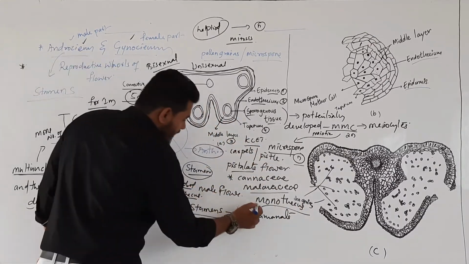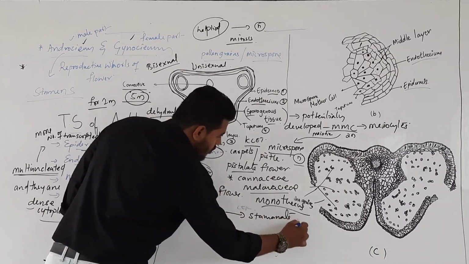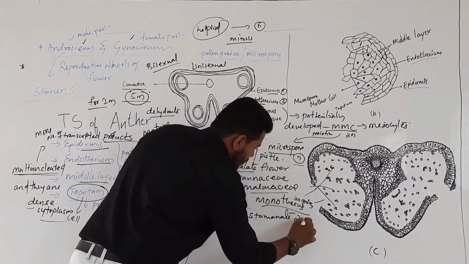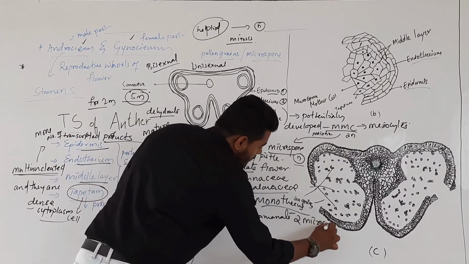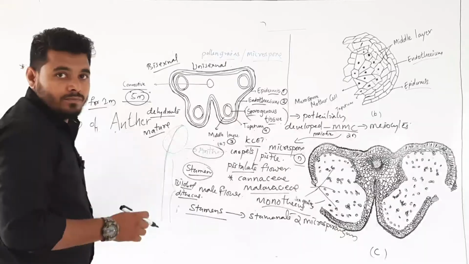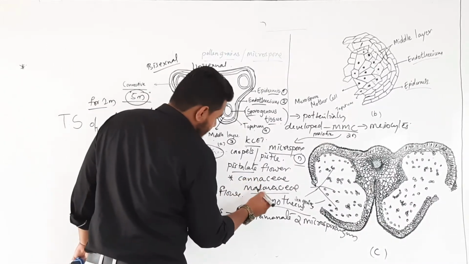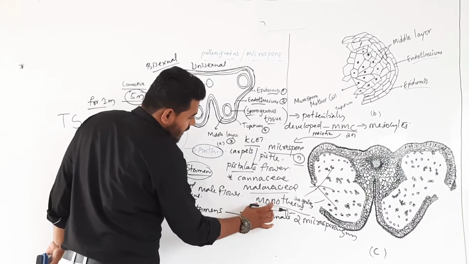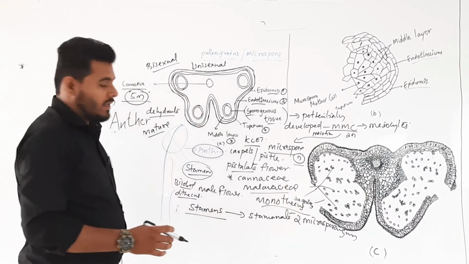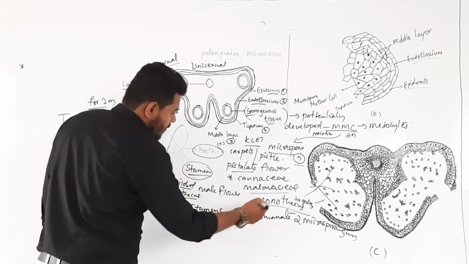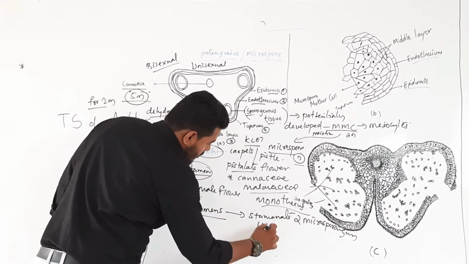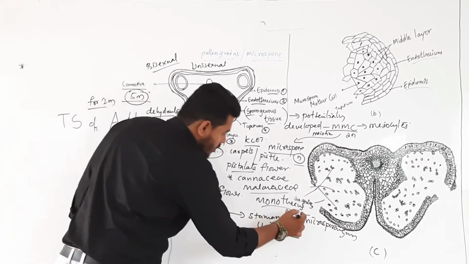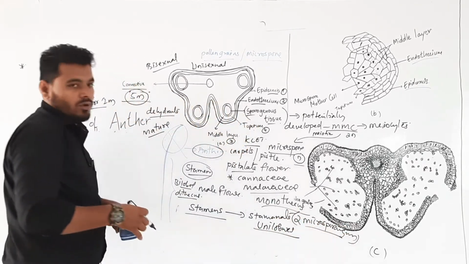That means it contains only two microsporangia. These families' anthers are monothecous, containing only one lobe, unilobed. It contains only two microsporangia.